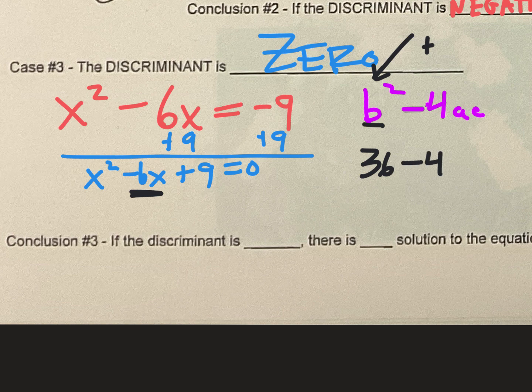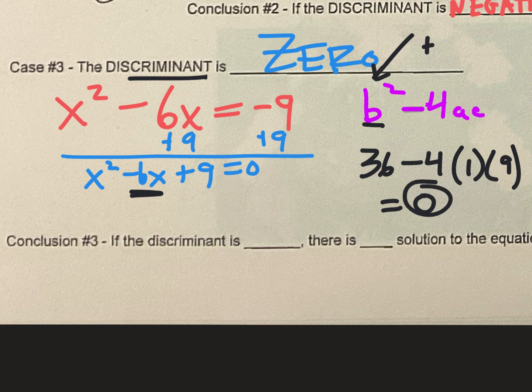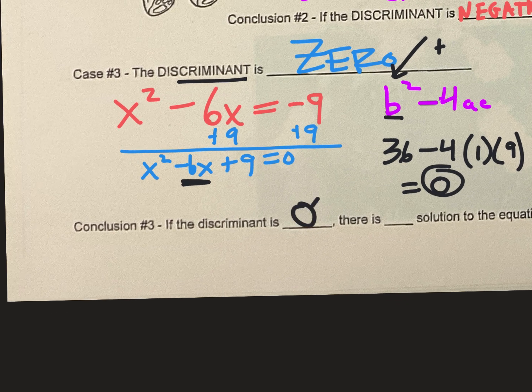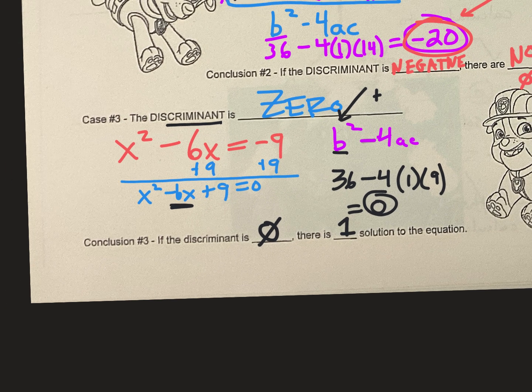Minus 4, a value 1, c value positive 9. 36 minus 4 times 1 times 9. The discriminant is 0. So sometimes the discriminant will just be 0. And if the discriminant is 0, there is one solution to the equation.